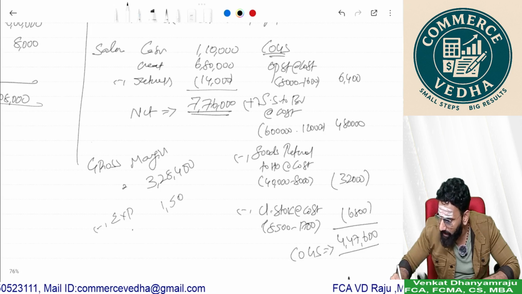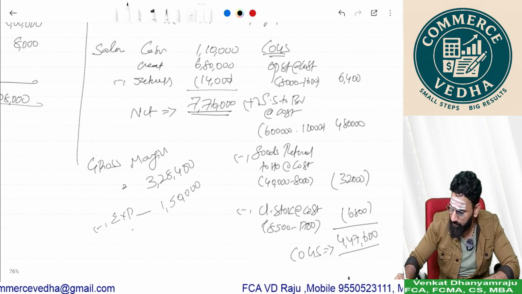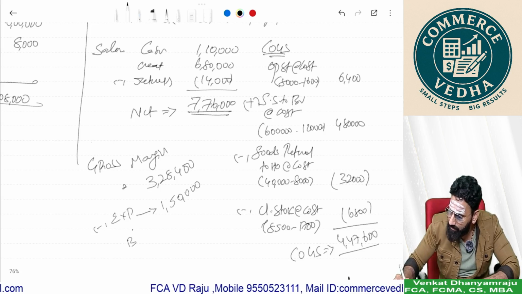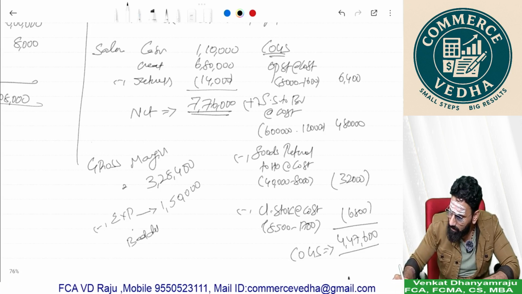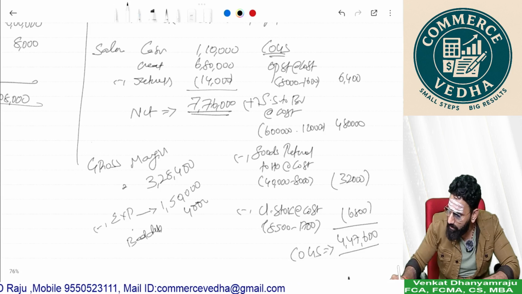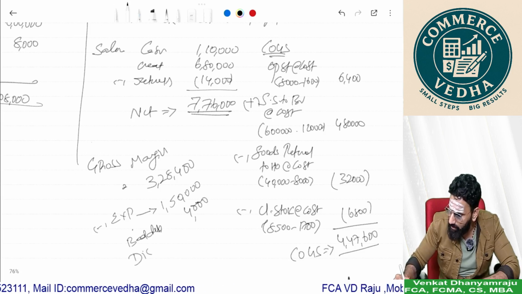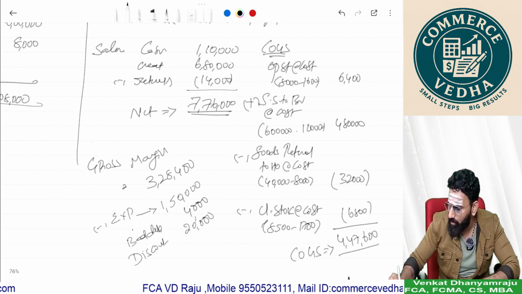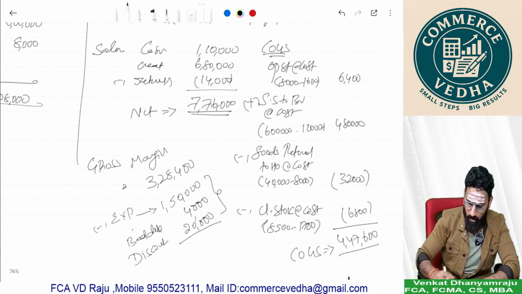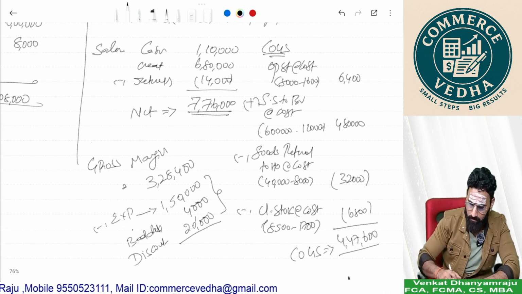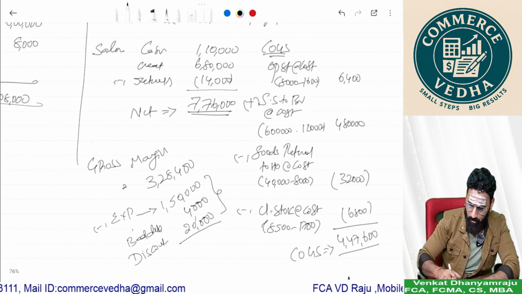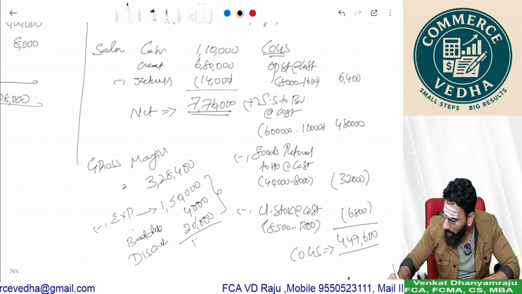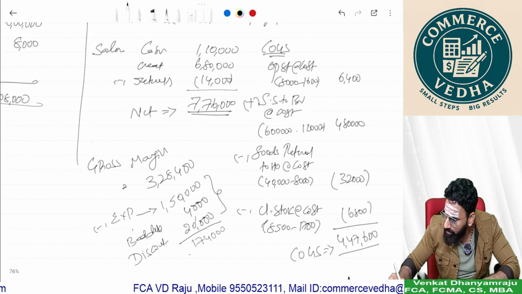Expense is 1,50,000, bad debts 4,000, discount 20,000. So my total expenses were 1,50,000 plus 4,000 plus 20,000, which is 1,74,000.